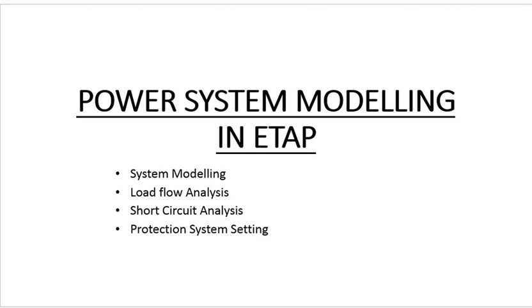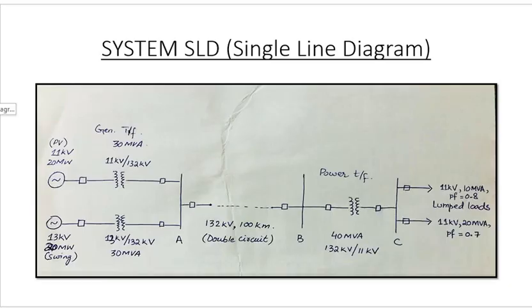Coming towards the introduction of what is a power system. So this is a basic layout of what elements a power system comprises of. We have the generation, which generates electricity at some intermediate voltage, and then with the help of step-up transformers, we convert the voltage into extra high tension, that is EHT.